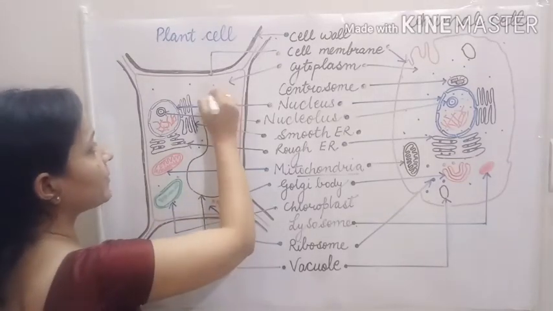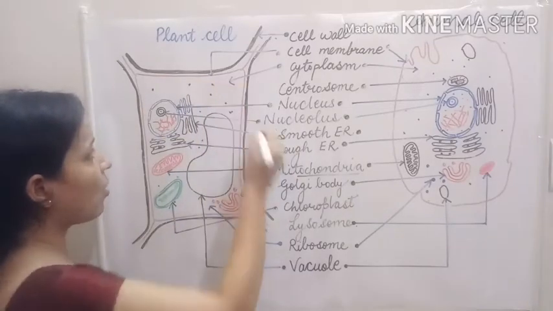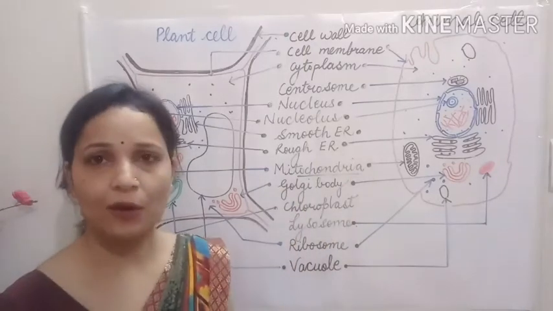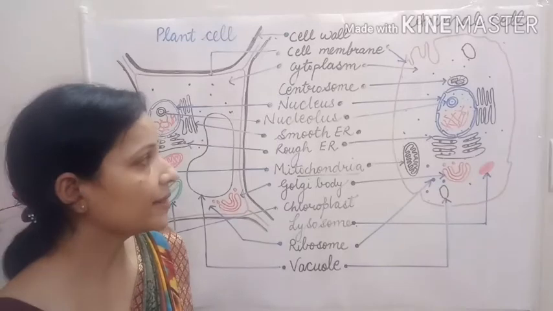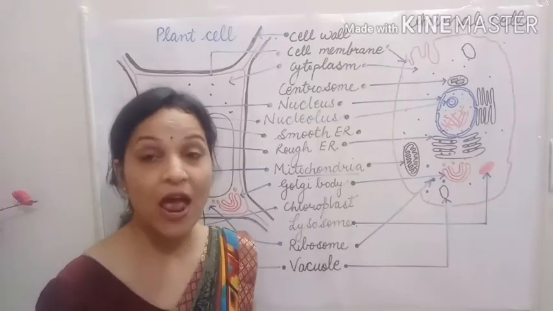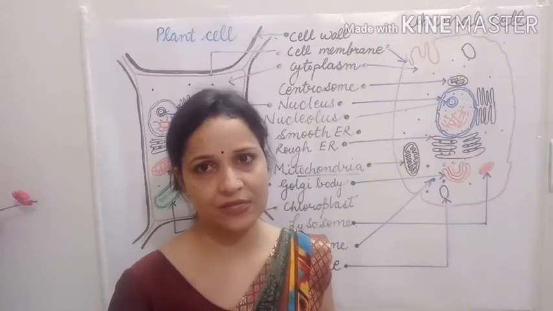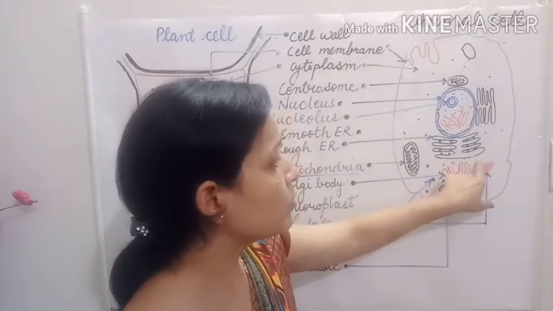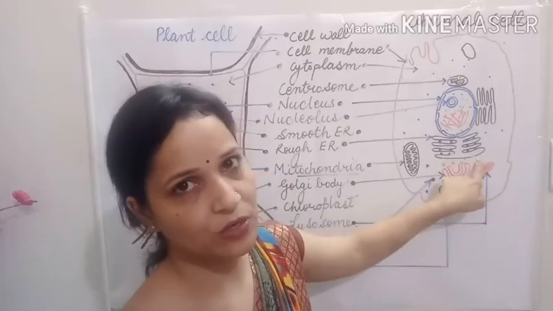You can see these particles or granules like structures are called ribosomes. Ribosomes are particles that occur in the cytoplasm and on the surface of certain cell organelles, or we can say ribosomes are found on the surface of endoplasmic reticulum.